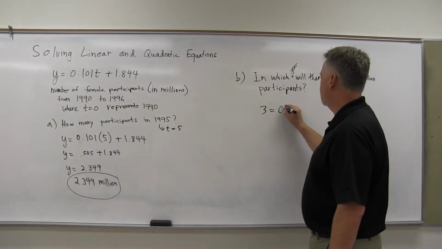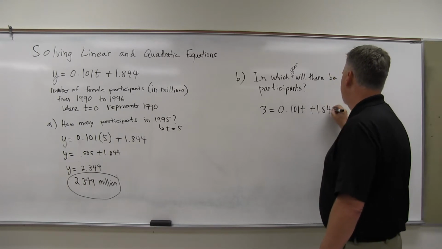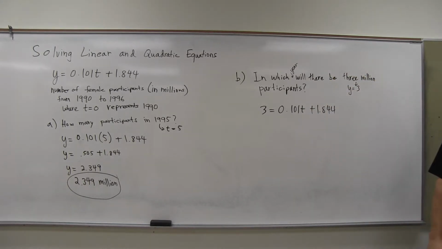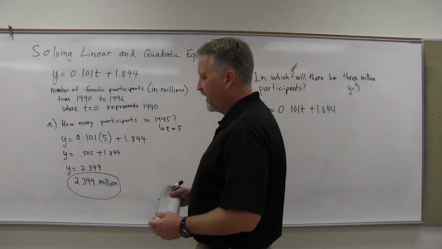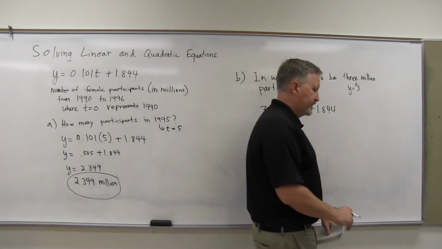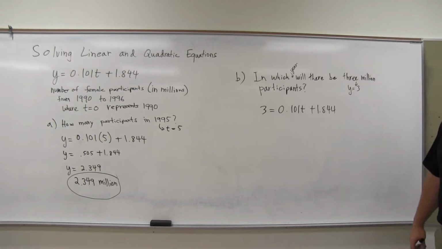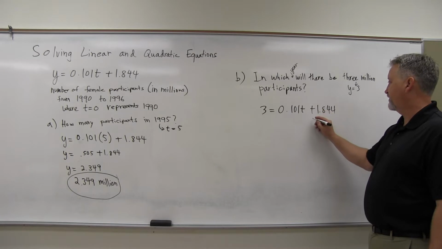So it'd be 3 equals 0.101t plus 1.844. This is just solving a linear equation. We're going to get t by itself, same drill. Subtract the 1.844.